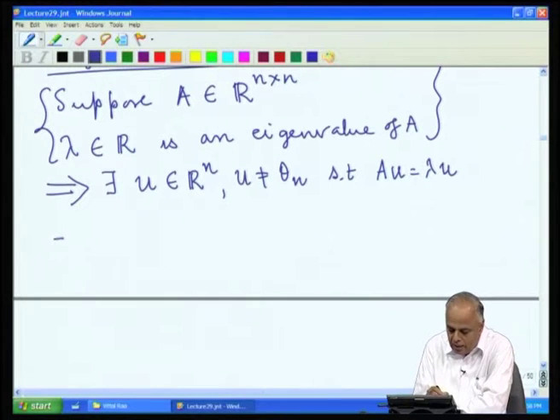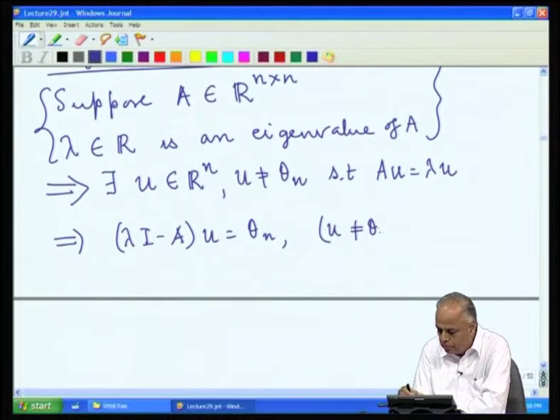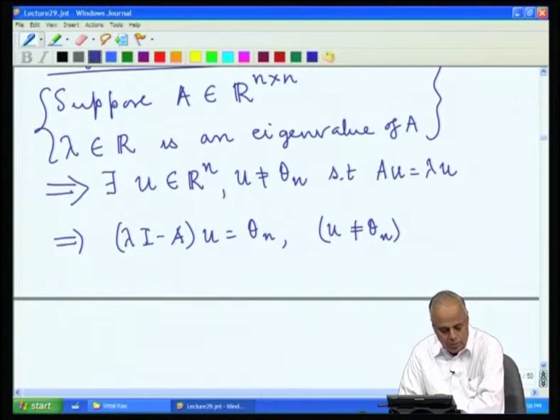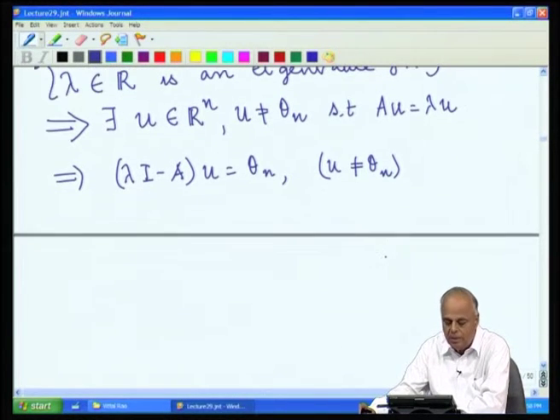If that is the case, this says (lambda I minus A) u equal to theta n, and remember u is non-zero. Now, what does that tell us?